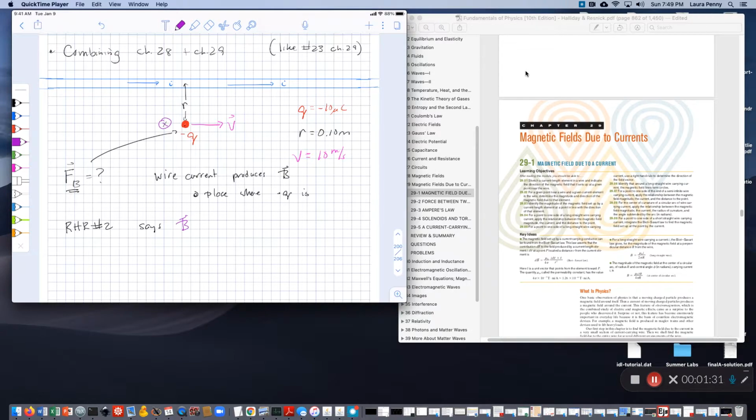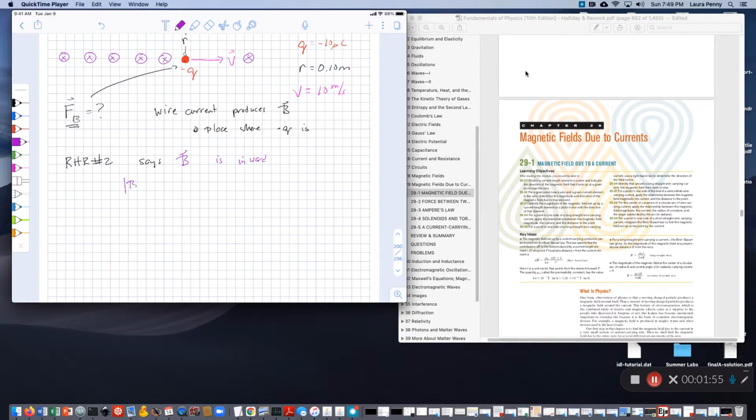All this magnetic field down here is going to be moving in. Up here, the magnetic field is coming out. Below the wire, the magnetic field is going in. And the amount of that magnetic field, this is an infinitely long wire, so this is mu naught I over 2 pi r.